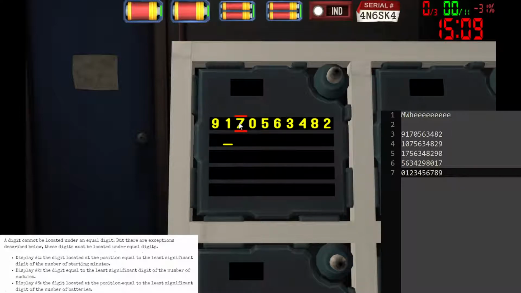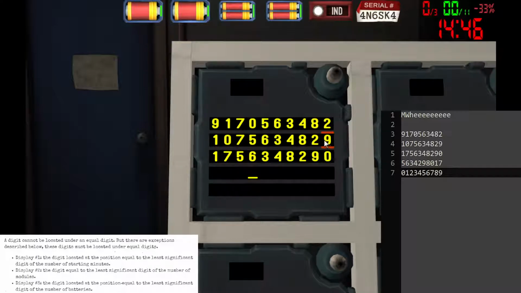So let's start with 7. Okay, now I'm keeping the number 1 and shifting everything. Skipped past 1 that time. Okay, now I need to remember I'm keeping 8 in the same position.